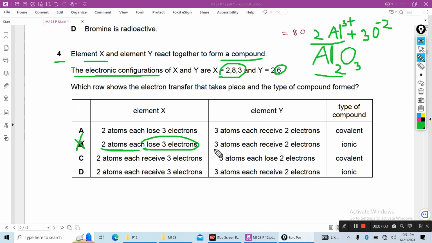And Y, 3 atoms, every atom receives 2 electrons. So in Al2O3, 3 oxygen atoms form 3O2-. Every atom takes 2 electrons, and aluminium is a metal, oxygen is a non-metal. X is group 3, the outer shell has 3 electrons, metal. Y is group 6, non-metal. They form an ionic compound. So B is the right answer.